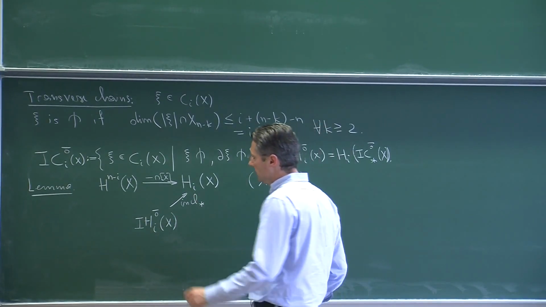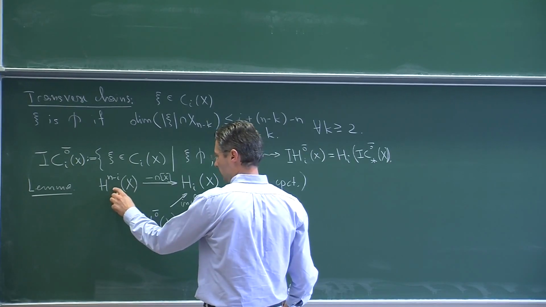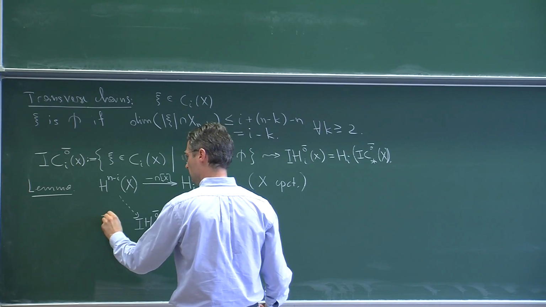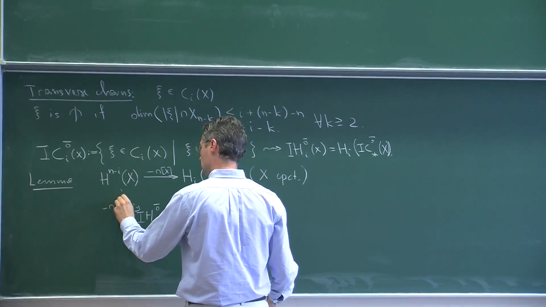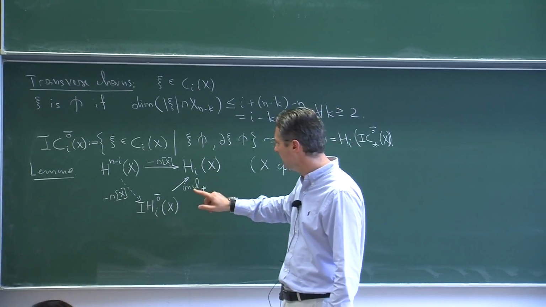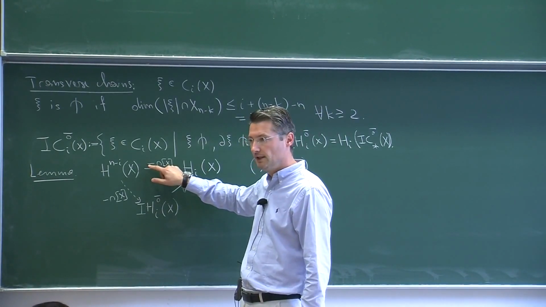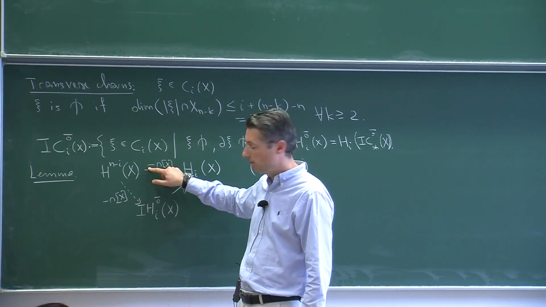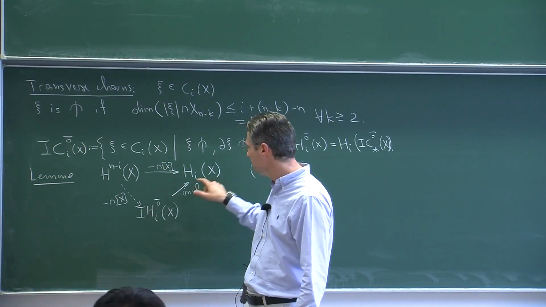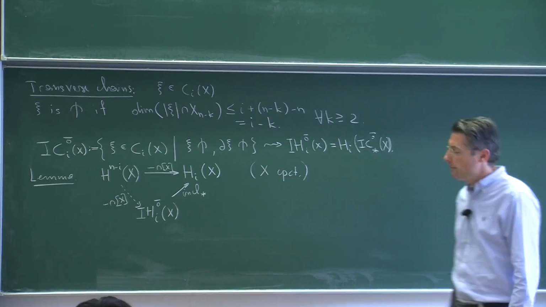The claim of the lemma is that this map actually factors through this. Actually, the image lands naturally in that group rather than this one. So it's much better to think of the image of cap product with the fundamental class as being a class in here rather than a class in here.